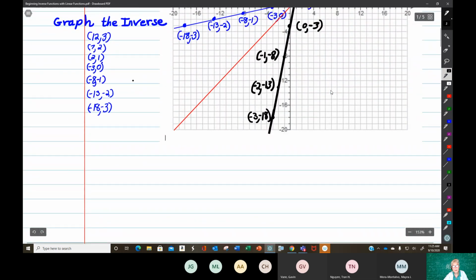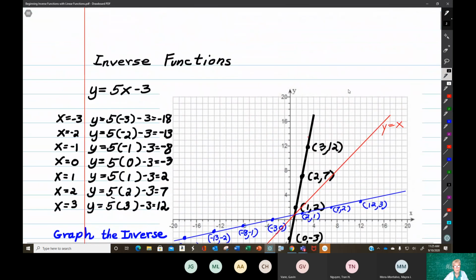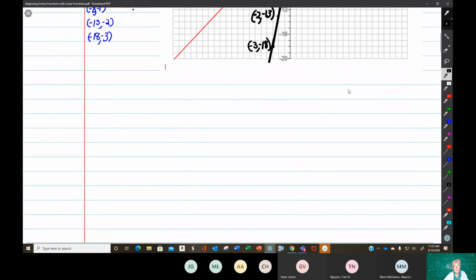Okay, I am going to go back now to inverse functions and show you one of the proofs that two functions are indeed inverse functions. So I'm going to find an inverse really fast.